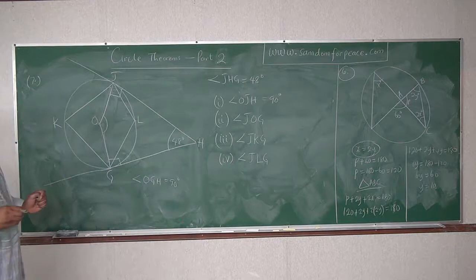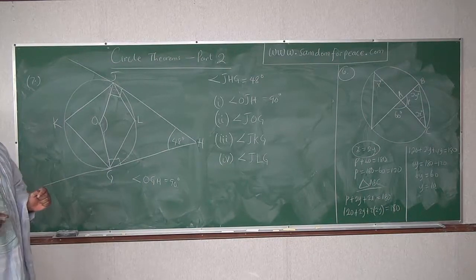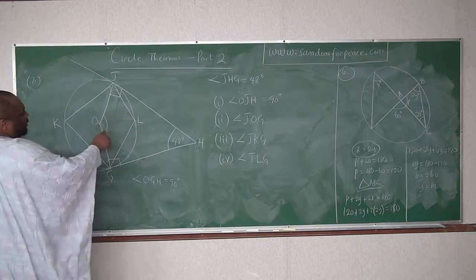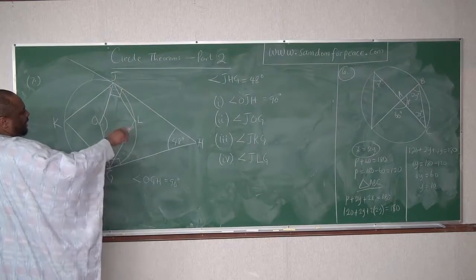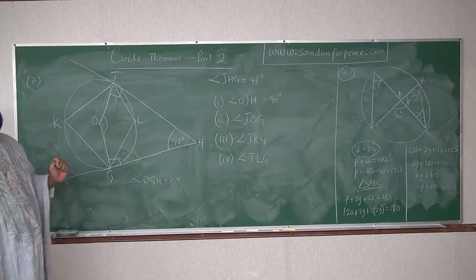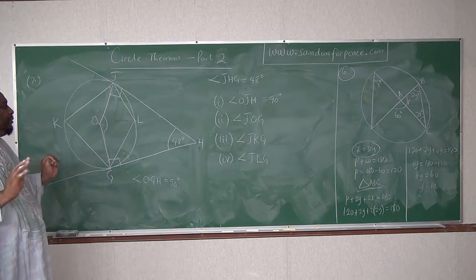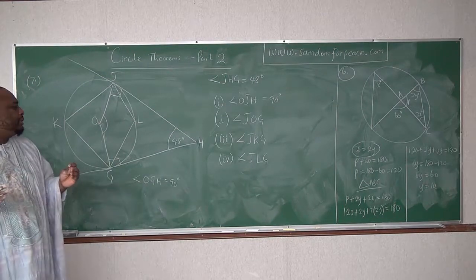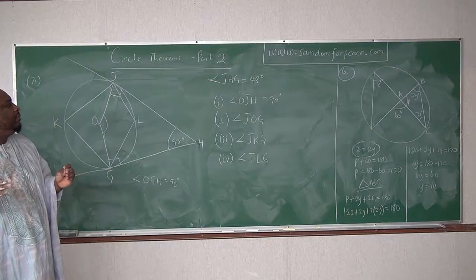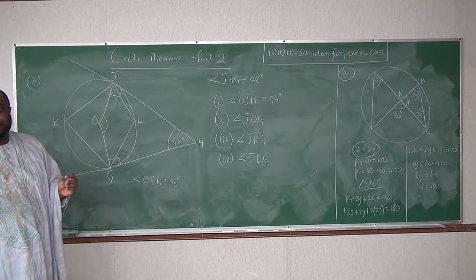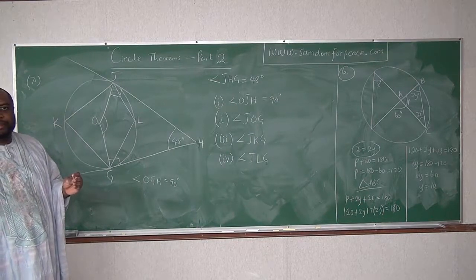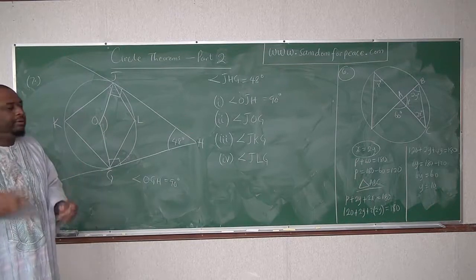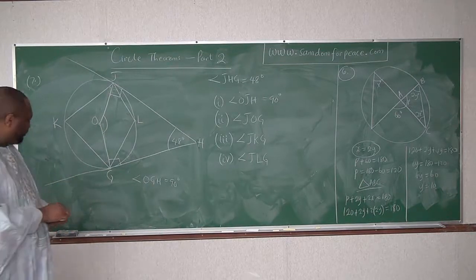We can now find angle JOG, because this is now a quadrilateral, not a cyclic quad, just a quadrilateral. The sum of the interior angles of a quadrilateral is 360 degrees, because a quadrilateral is a four-sided polygon.